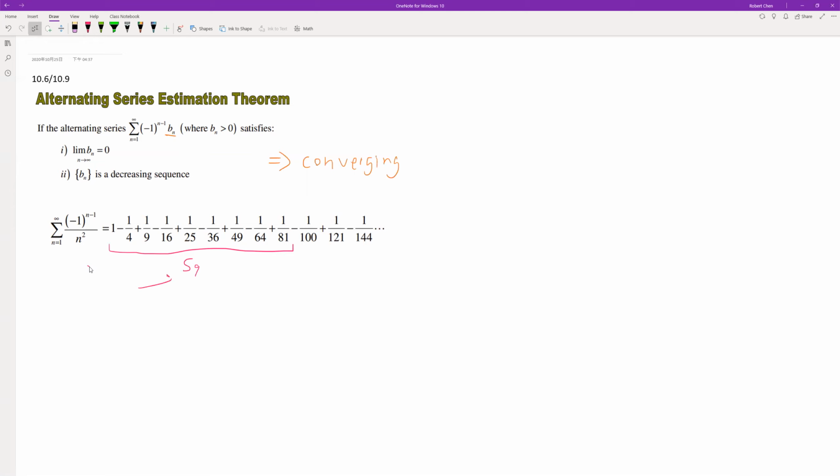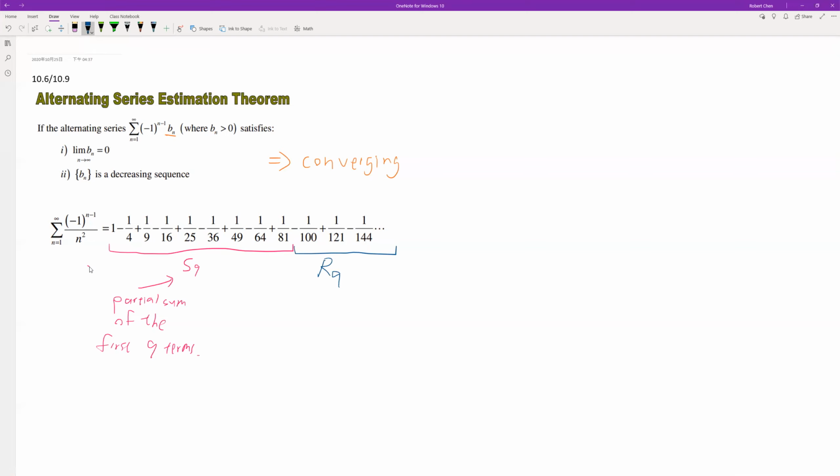For example, we have this alternating series down here, (-1)^(n-1) over n squared. Let's say I take the first 9 terms, up to here, and find the sum of the first 9 terms, and I can call that S9, the partial sum of the first 9 terms. And whatever is left after the first 9 terms, we can call that capital R9, which is the remainder of the first 9 terms.